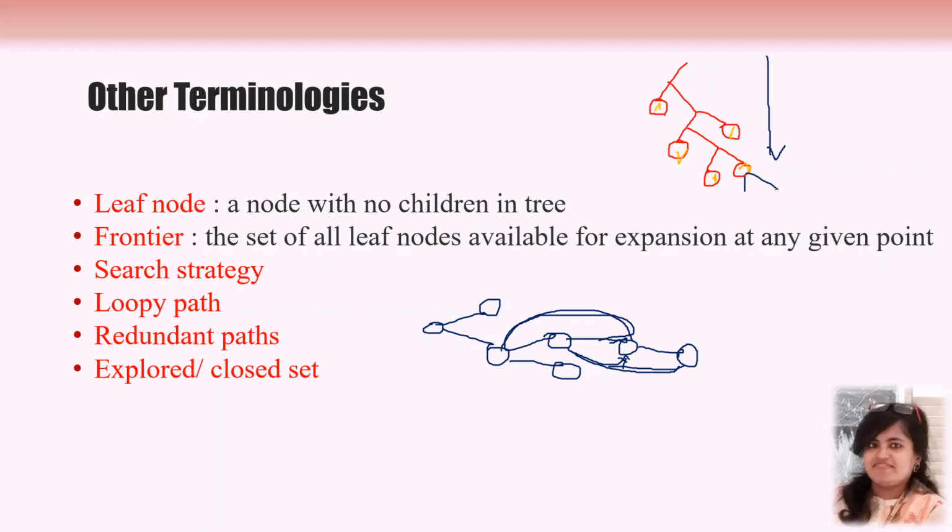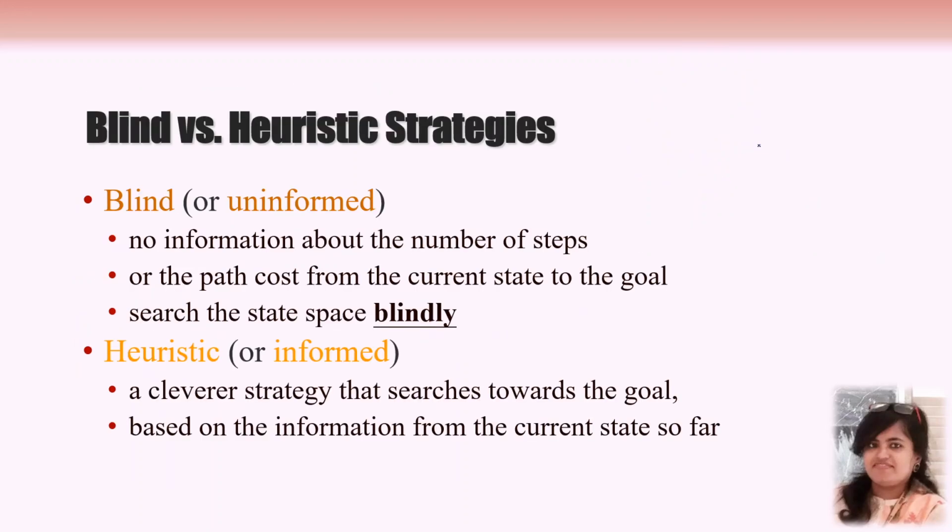After this there can be other things, but we do not know currently about these things. But we already have explored this part of the tree. So this part of the tree belongs to the explored or closed state, where we haven't found the goal node yet.